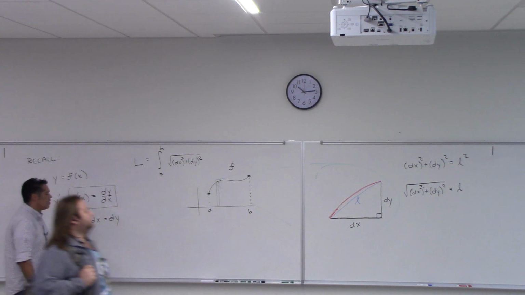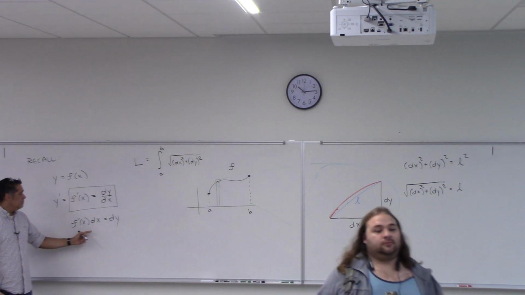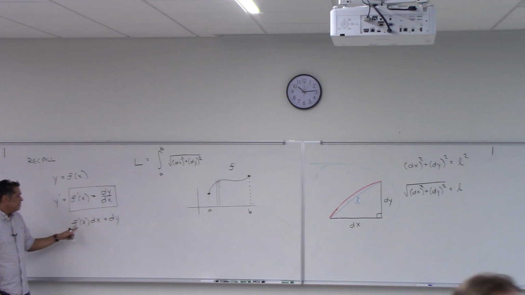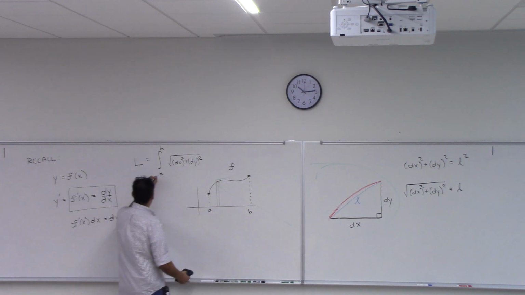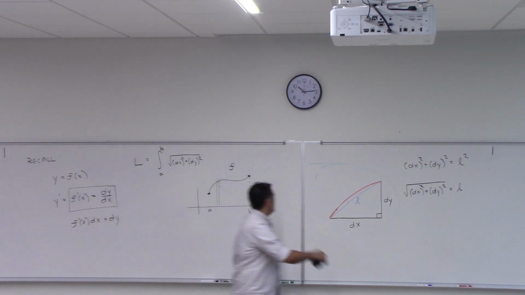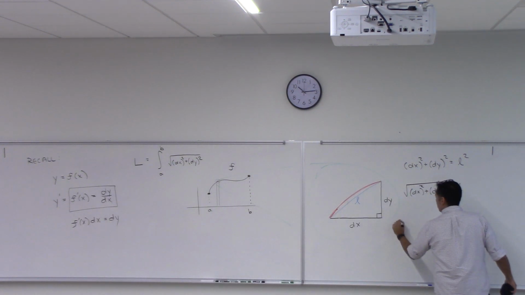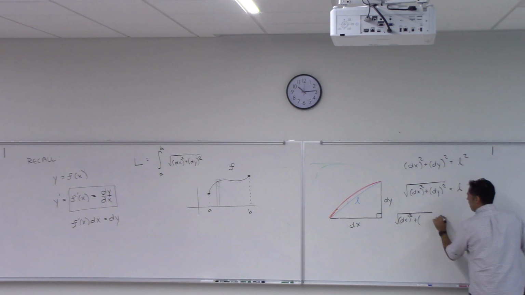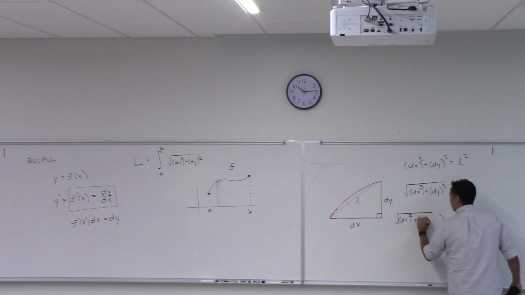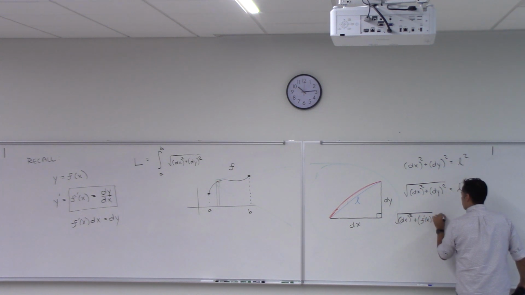So this is where I'm going to go back to this right here. Remember, dy is this, right? I'm going to replace dy with that. Let's do it over here and then I'll bring it back here. So I'm going to say square root of dx squared plus, dy is actually f prime of x dx, but then all that squared.